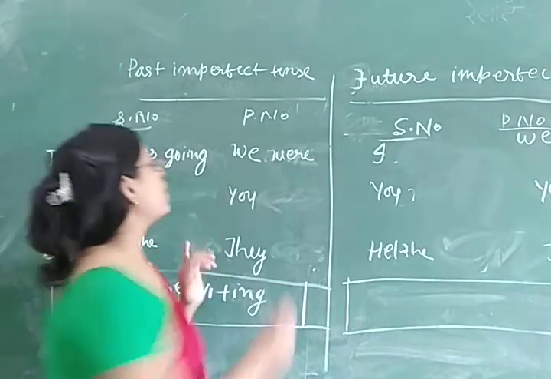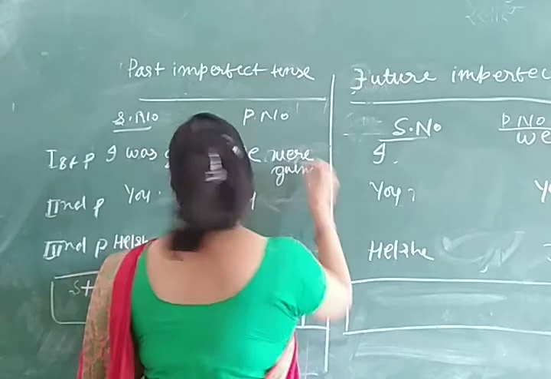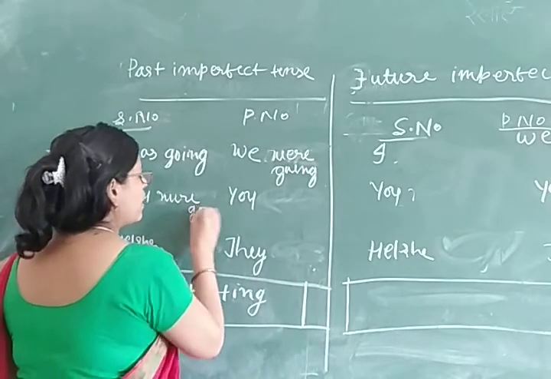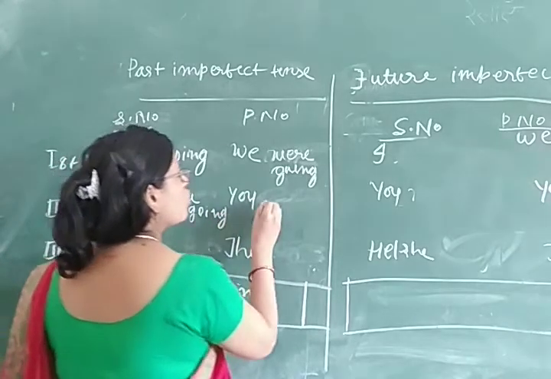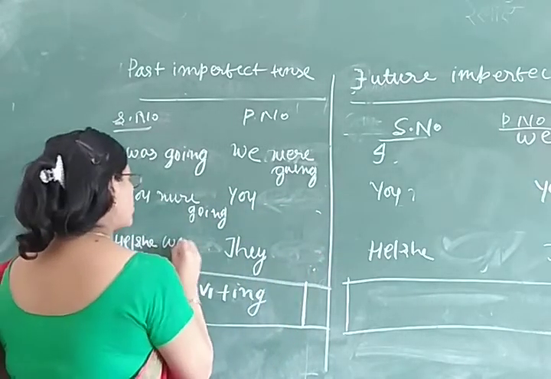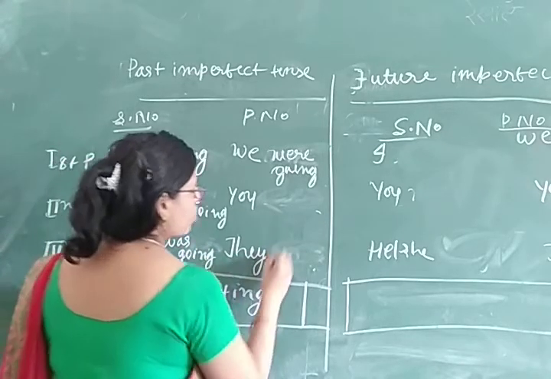So we were going, you were going. Similarly here will be you were going and she was going. They were going.